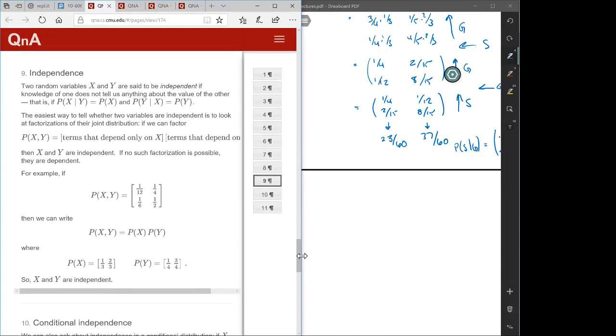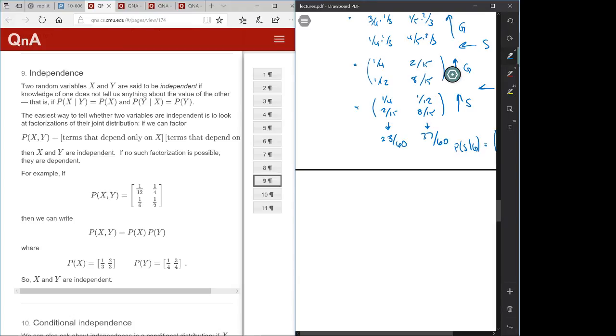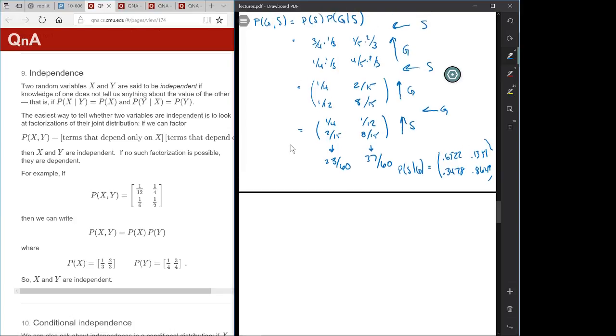We have a question on Piazza about the example problem. The question was, in the example problem, how did we go from the joint probability distribution to the conditional P of S given G? So let's expand this one back out and have a look at that again.